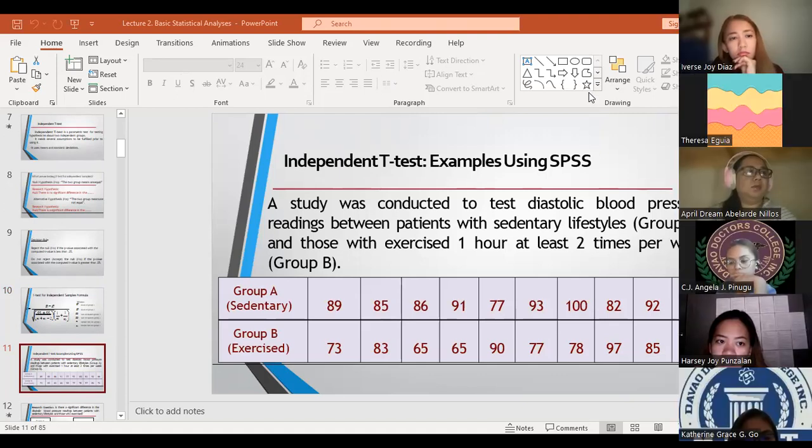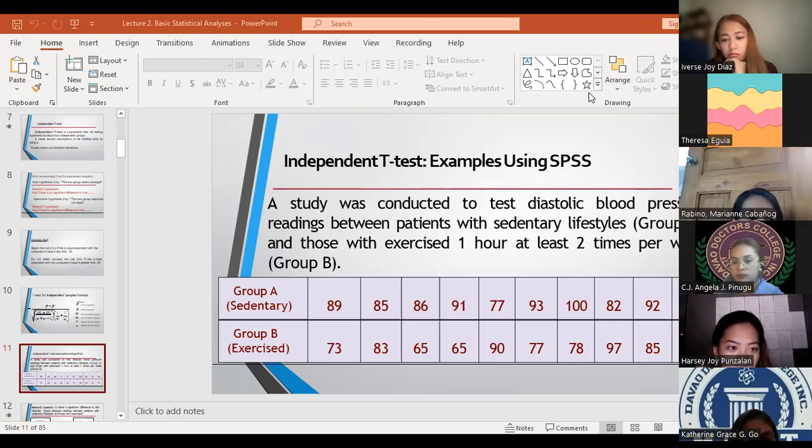Okay, can you open the diastolic independent t-test? Na-open na ba? Yes po, ma'am.